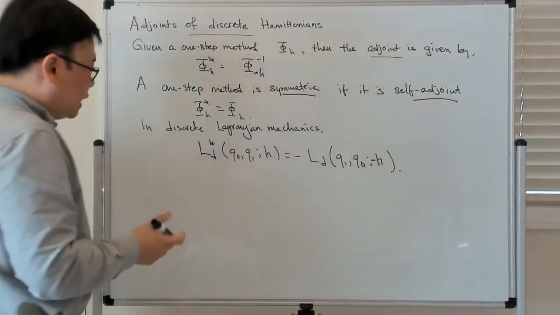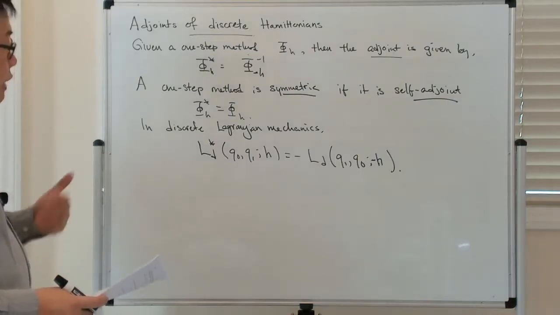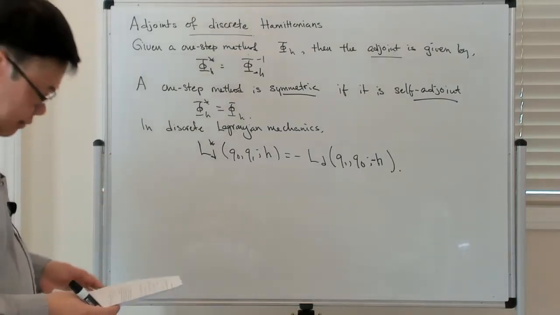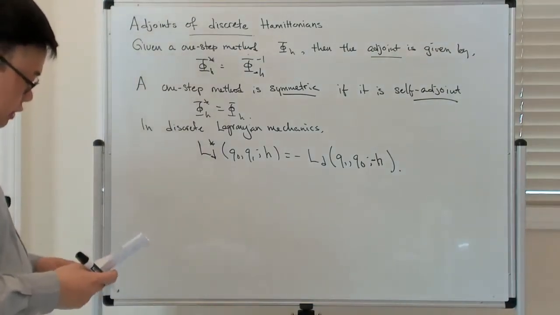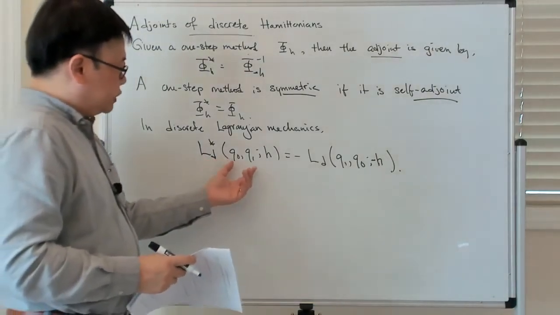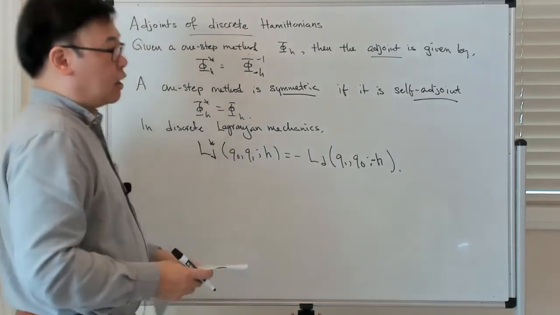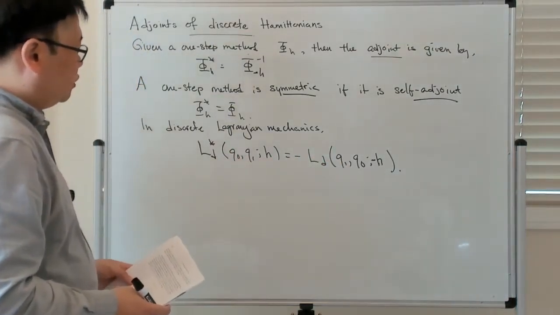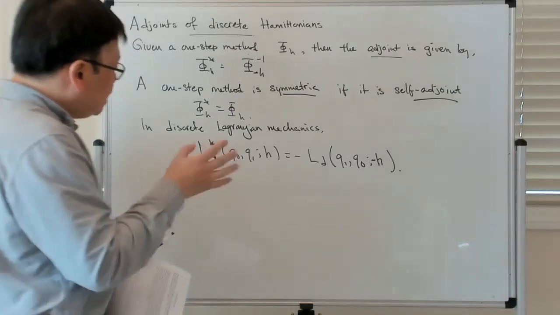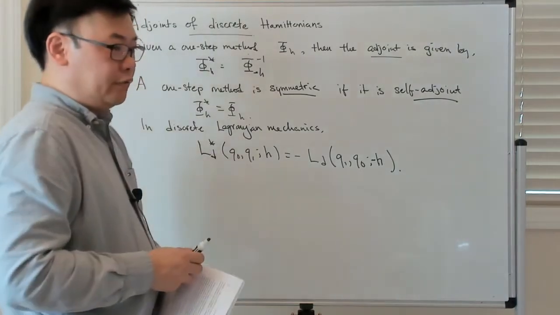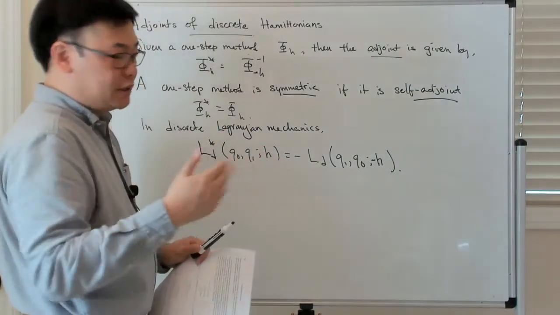And so it's natural to ask whether in the context of discrete Hamiltonian mechanics, we can say something similar about discrete Hamiltonians. One thing to observe is that when you write this, you have this swap of the arguments. There immediately is a potential problem, because in the type 1 generating functions, the arguments are both of the same type: they're both position variables.